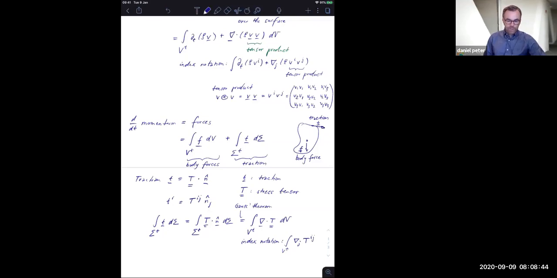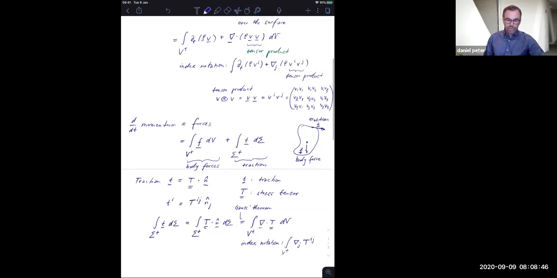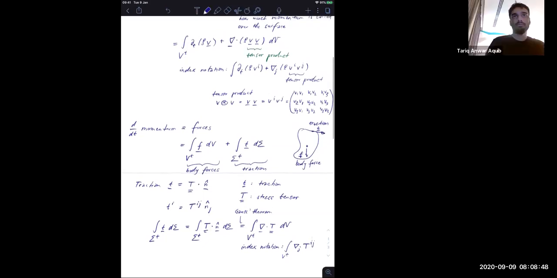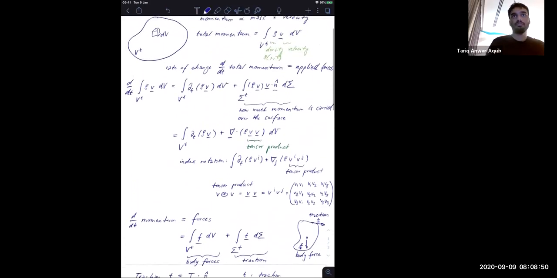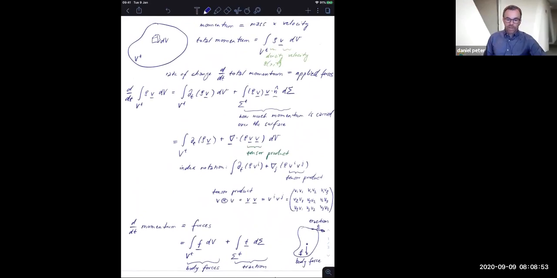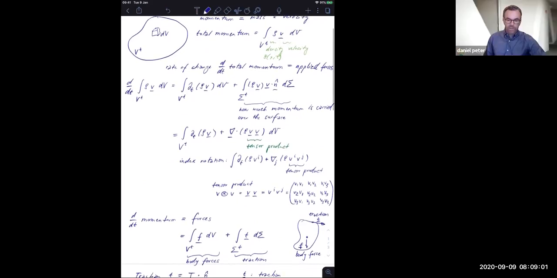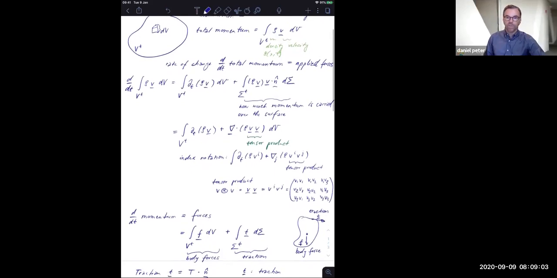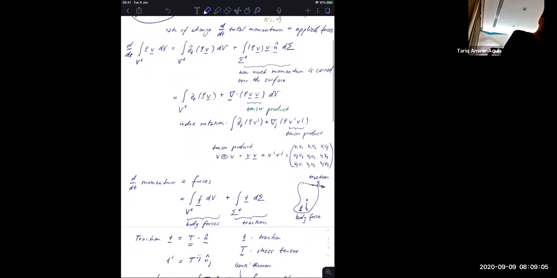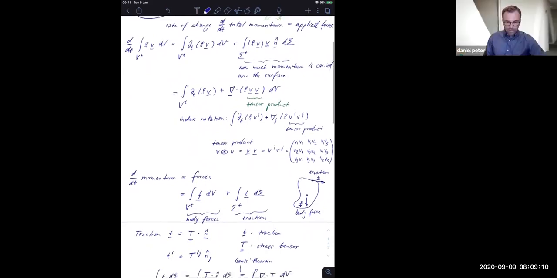So now you see we put down the forces, the applied forces. And now we just want to bring it basically back into the rate of change of total momentum. So we'll write this all down, the rate of change of total momentum equals these applied forces. So let's do that.